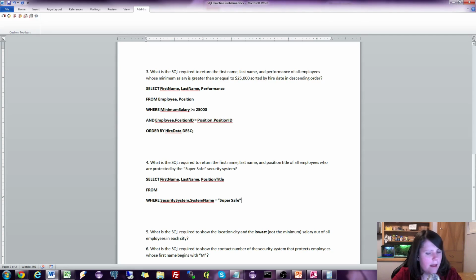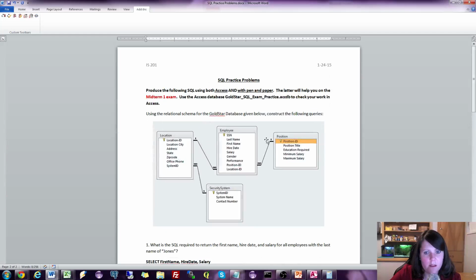Okay. All right. Now, I'm looking for first name, last name. Those come from the employee table. So I already know that because I need the system name, I need to bounce from the security system table to the location table to the employee table, because there's no direct connection between the two. So I can't just set a foreign key to a primary key in the employee table.